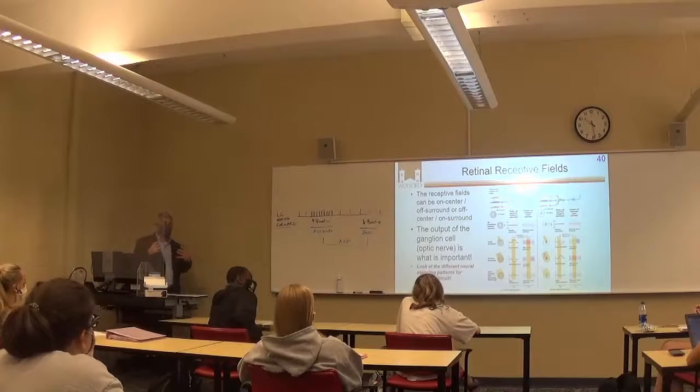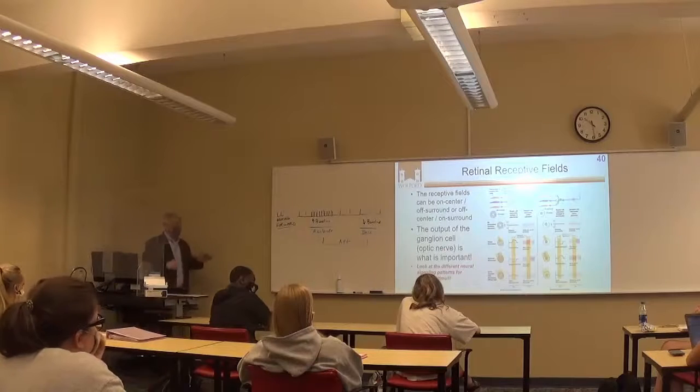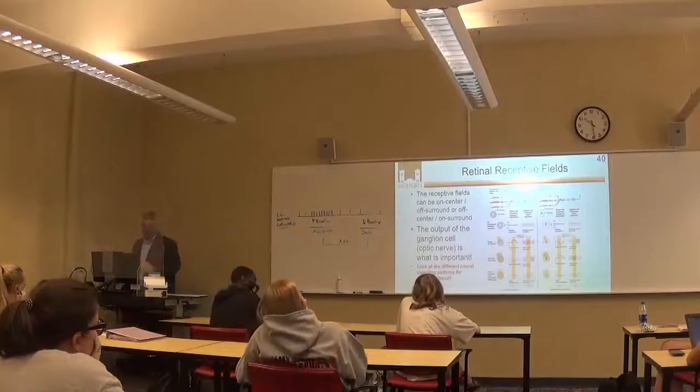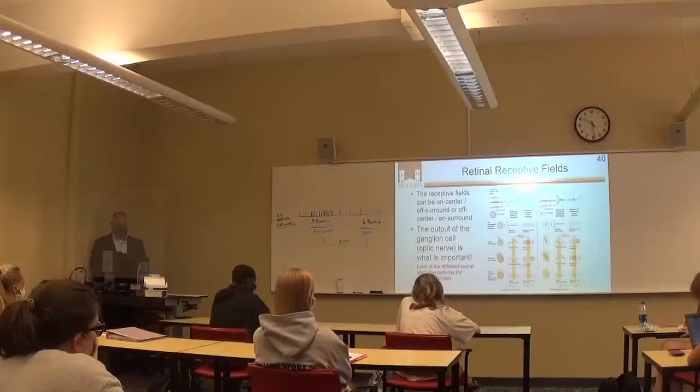So don't get hung up on if the center or surround is excitatory or inhibitory. It just has to be the opposite, right? We have a baseline, and then we have two signals, center and surround. They can be coded either way. All right?